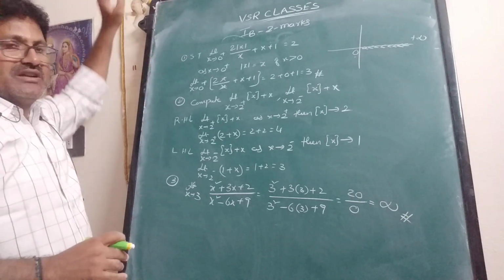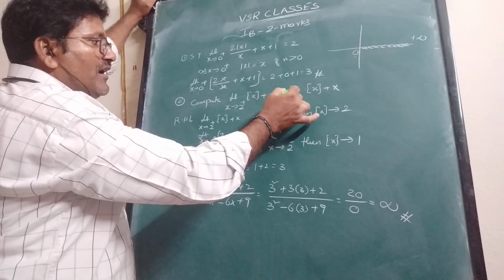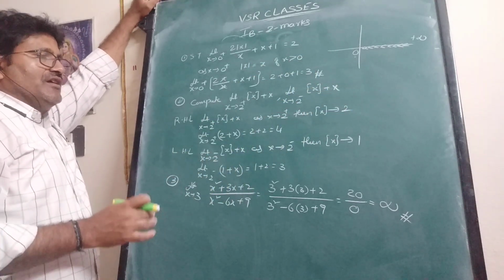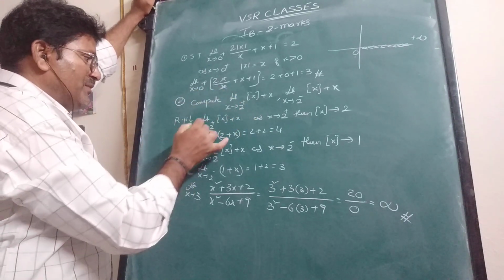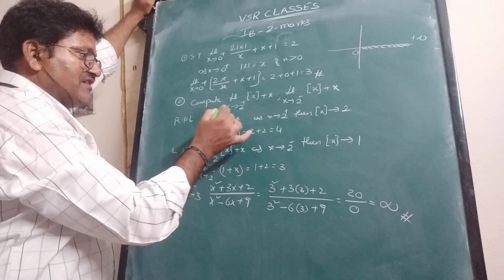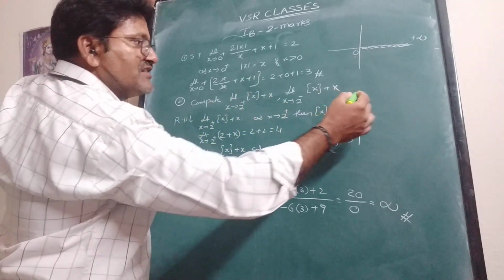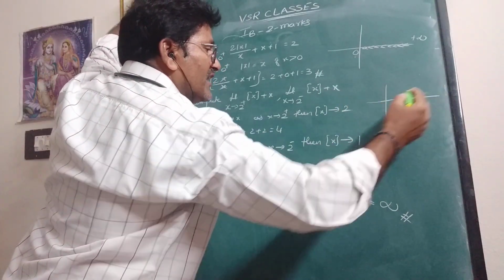Compute limit x tends to 2 plus of step x plus x, and limit x tends to 2 minus of step x plus x. This is the RHL. When x tends to 2 plus, what does step x tend to? Step x takes integer values.